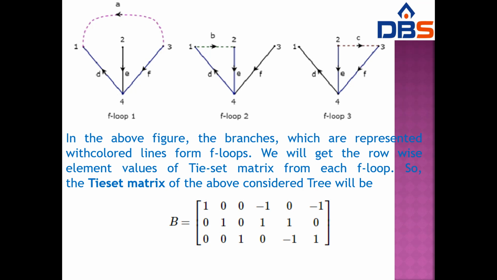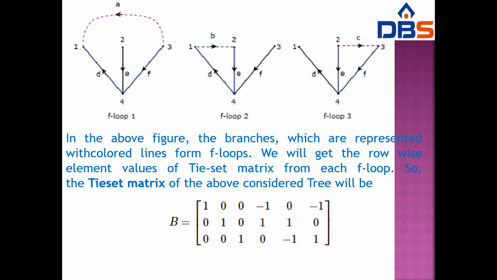So if the element direction is the same, put it as 1. Otherwise it is -1. If it is not related, put it as 0. If the cut-set direction is the same, then put it as +1, if opposite -1, and if not related, 0.